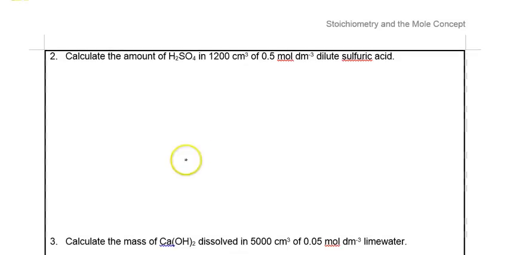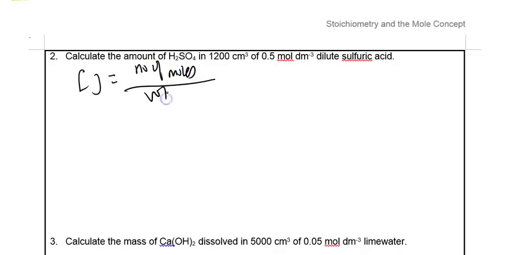Question 2. Calculate the amount of H2SO4 in 1200 cm³ of this concentration of dilute sulfuric acid. So this is simply a manipulation of the equation. So concentration is equal to number of moles divided by the volume.